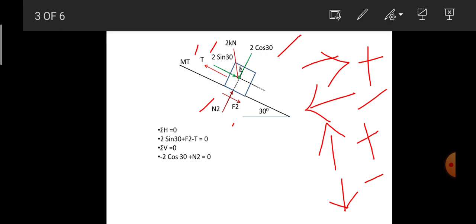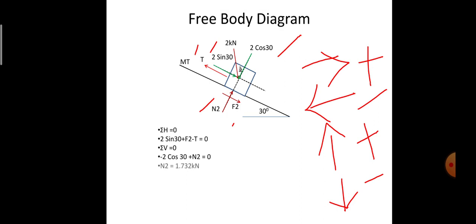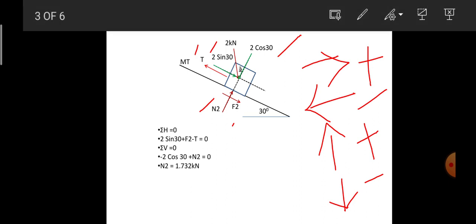Further, if I simplify that, I get the value of N2 as 2 cos 30, and simplifying the 2 cos 30, I get the value of N2 as 1.73 kilonewton. After getting N2 as 1.73 kilonewton, I know that N2 is an indirect value of F2. Why? Because we know the relation: the coefficient of friction is equal to F by N. In this case it is F2 by N2, which is equal to 0.3.